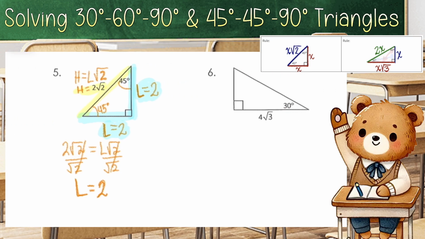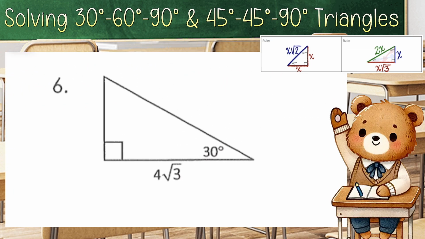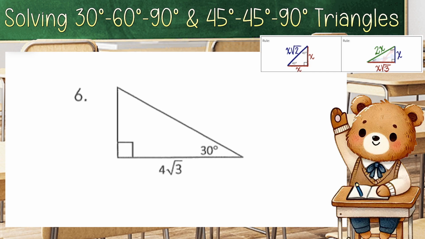All right, last one over here, number 6. Again, hopefully I do the right thing. Green was the short leg, pink is the long leg, and that's the one I'm given, and yellow for the hypotenuse. Now, the rule we know is based off of the short leg being given, but that's okay.